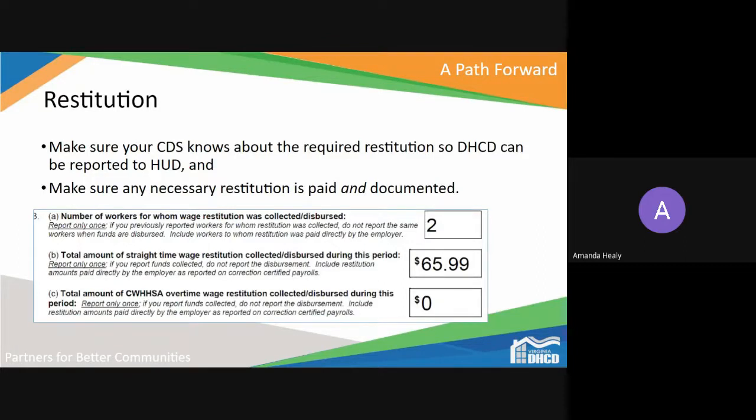And we in turn have to provide that information to HUD. So you can see the section of the report that I send to HUD every 6 months. And in this case, 2 workers had to get wage restitution, and the straight time wage restitution collected was $65.99. And then if there's any overtime, you would also report that, but usually it just involves straight time.